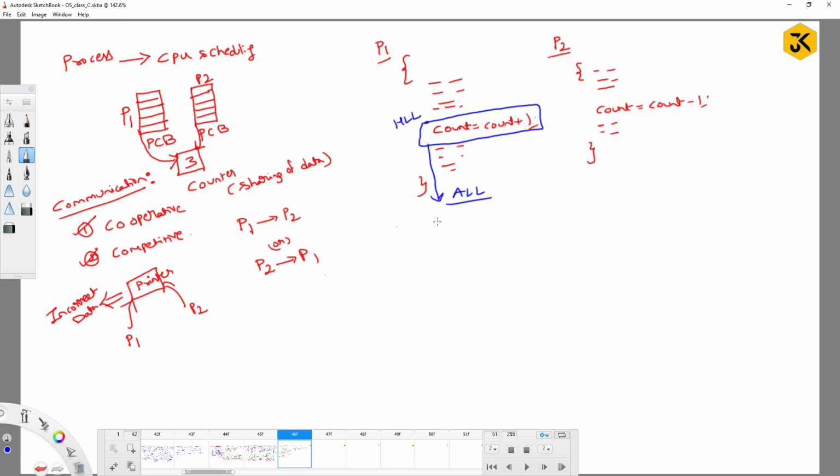Can I write: load the count variable into a register called R1.